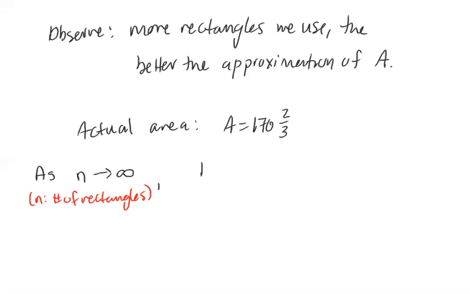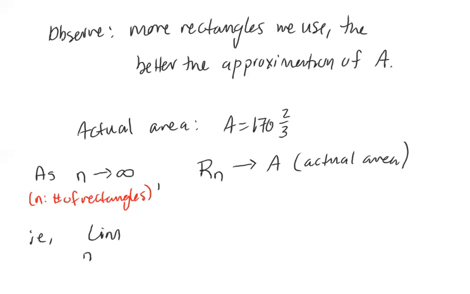the Rn, which is the right endpoint sum, gets closer and closer to A, which is the actual area. I could write that in limit notation as the limit as n approaches infinity of Rn is equal to the exact area A, which in this case is 170 2/3.